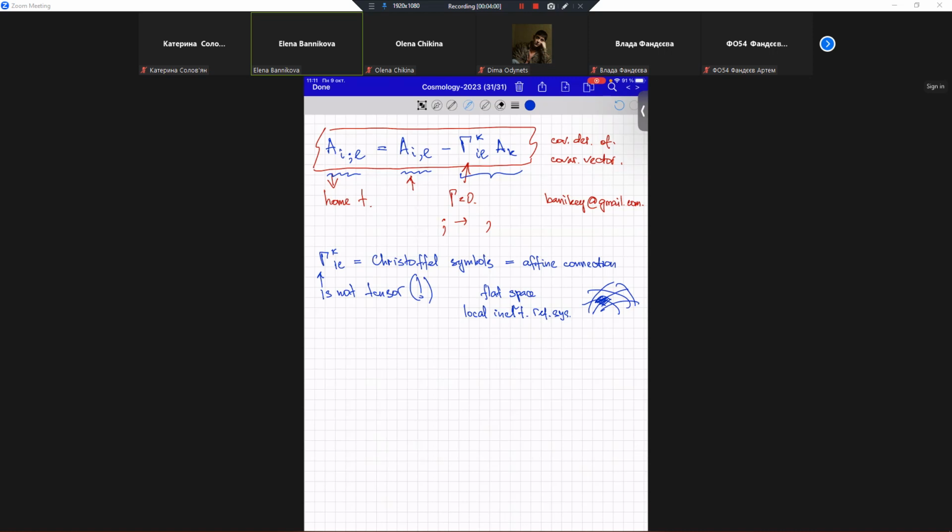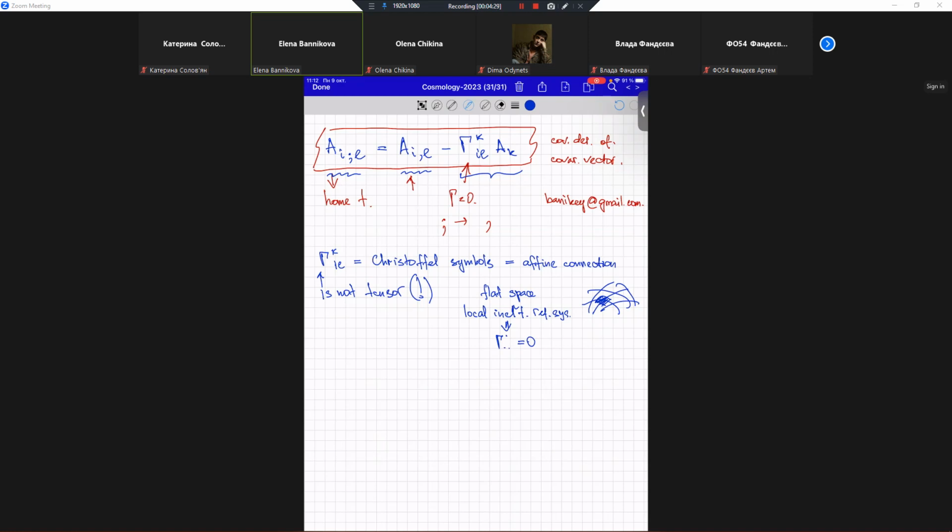So, in principle, we can understand why the Christoffel symbols are not a tensor, because in an inertial reference system and flat space, all components of the Christoffel symbols equal 0.